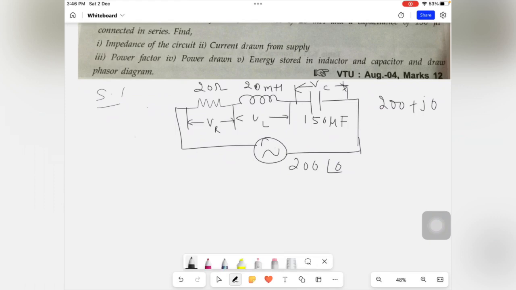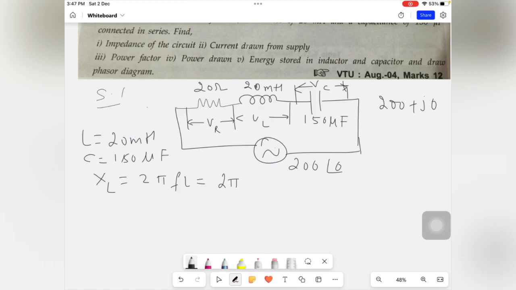The value of L is 20 millihenry and the capacitance C is 150 microfarad. As it is an RLC circuit, we have to find the impedance. So first, we find the XL and XC values. What is XL? XL is equal to 2 pi FL, which is nothing but 2 pi, the frequency is given.